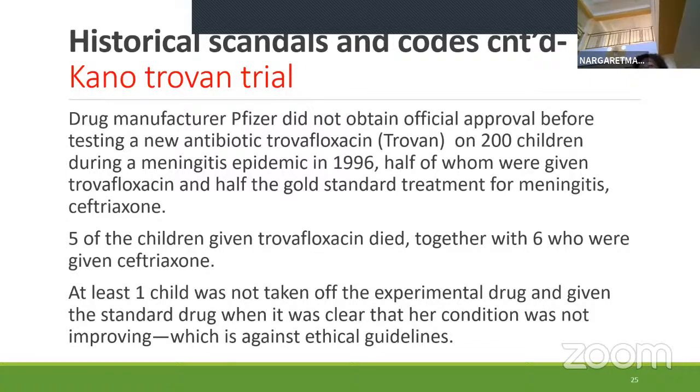This is against ethical guidelines. What is even more horrific about this trial was that Pfizer did not subject their protocol to ethical clearance in Nigeria before proceeding. And of course, sadly, some children were lost, but I think they paid a huge sum because it went to a court case.